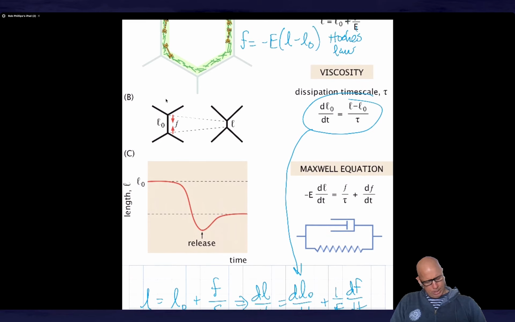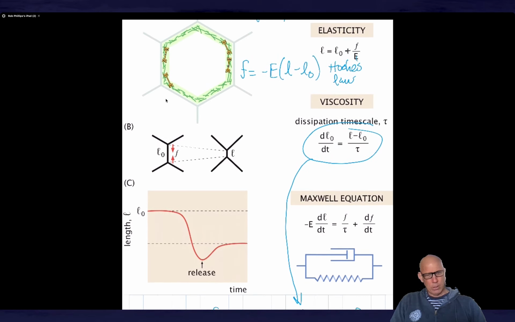By the way, there may be a sign issue here. Let's just stare at this equation. If L is greater than L0, then L0 will increase, so that seems like it's the right sign, actually.